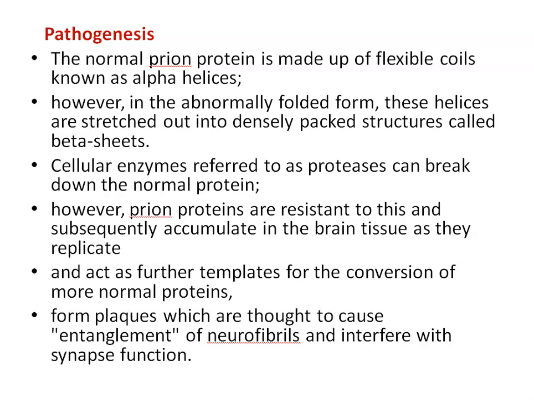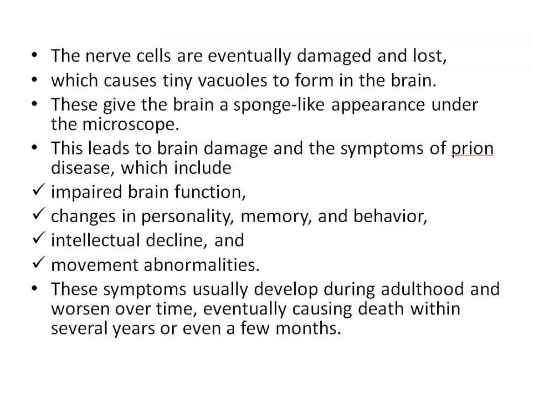Cellular enzyme proteases can break down only normal proteins. But these prion proteins are resistant to proteases. So they subsequently accumulate in the brain tissue as they replicate. They further act as templates for conversion of more normal proteins and ultimately form plaques, which are thought to cause entanglement of neurofibrils and interfere with synapse function.